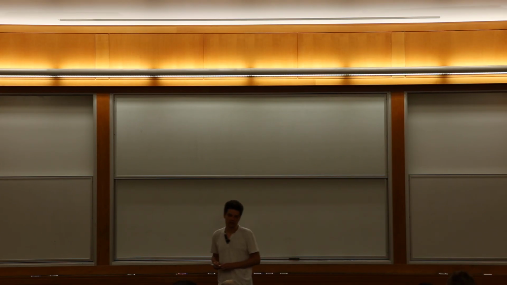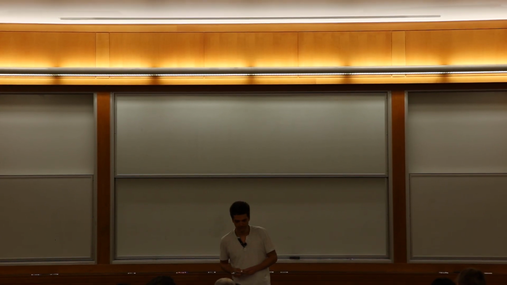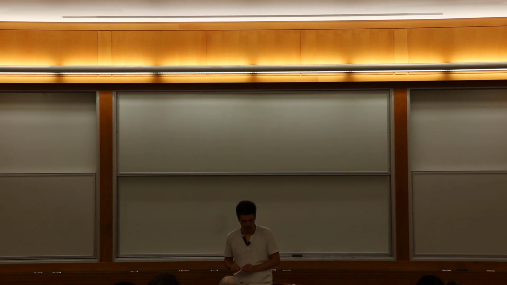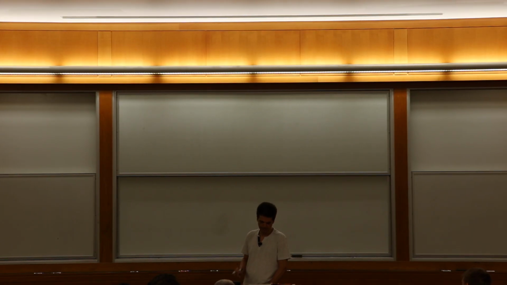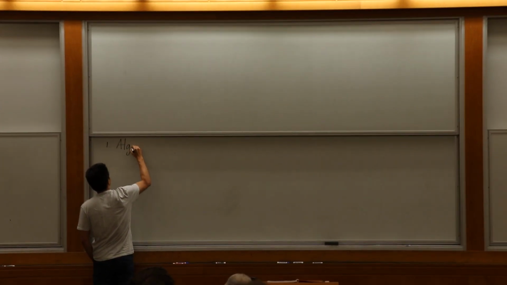So there will be 4 lectures, and I'll be talking about algebraic effects and handlers. And I would like to go through the general theory. The lectures will go from math to programming, because today we're going to look at algebraic theories.